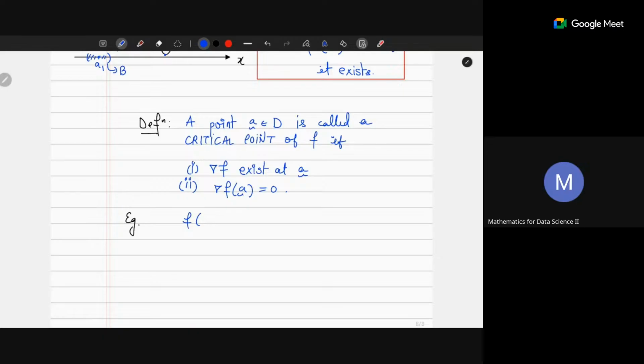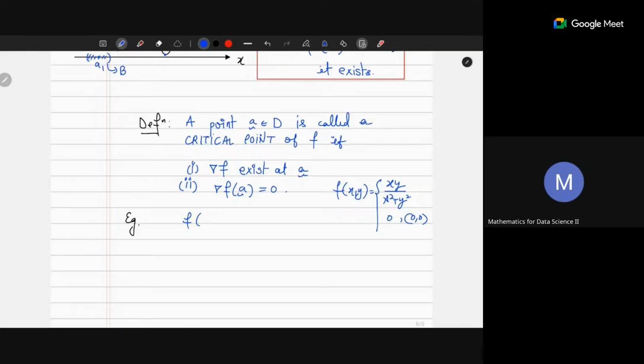For example, you can consider this function f of x, y given by xy divided by x square plus y square, and at the origin defined as 0. This function has a gradient at the origin. The gradient of this function exists, but it is not differentiable. All right.